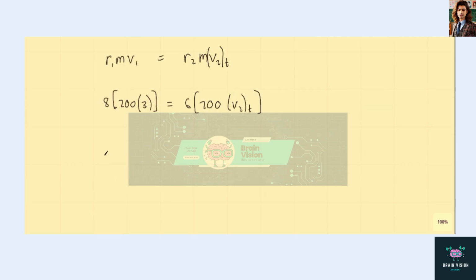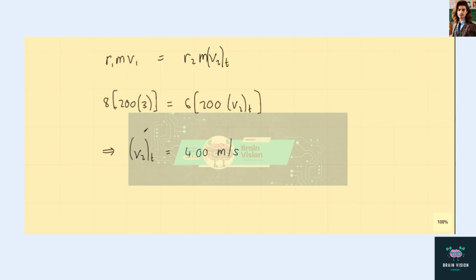Now, if you rearrange this equation, we can find this velocity, v2 tangential, as 4 meters per second. There's only one unknown in that equation.